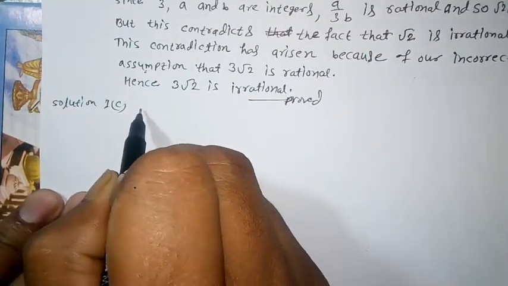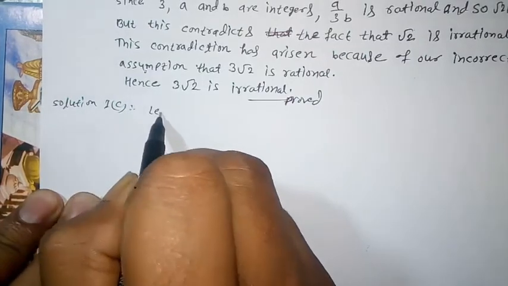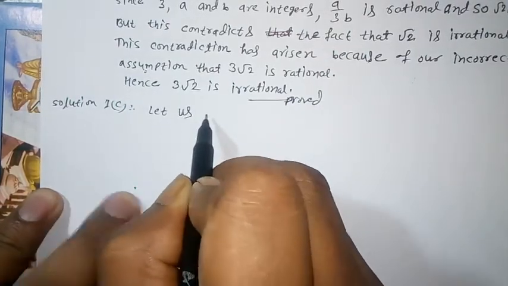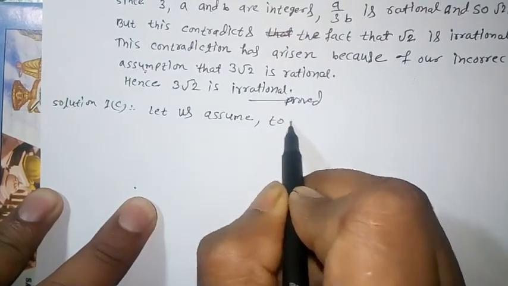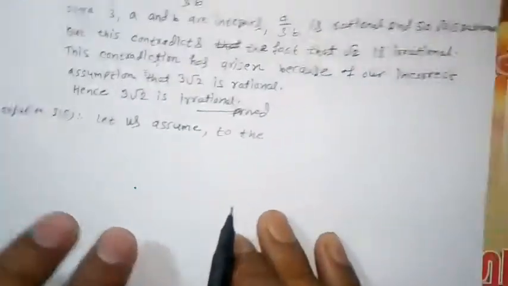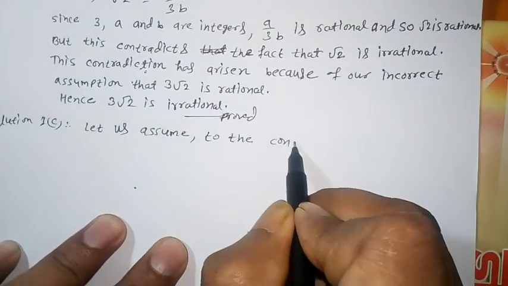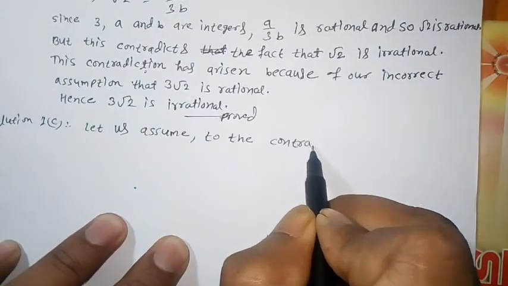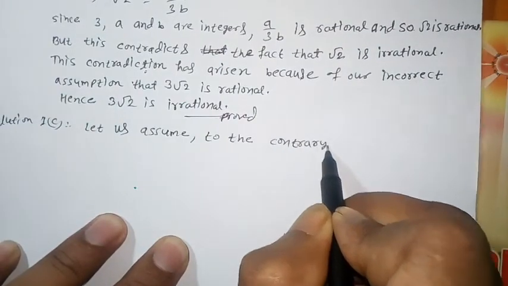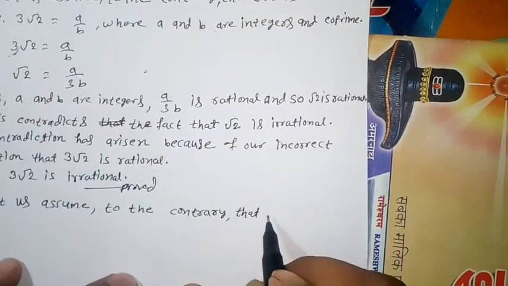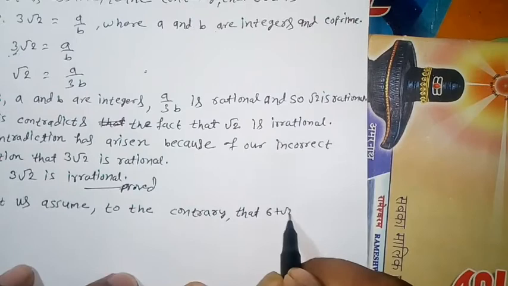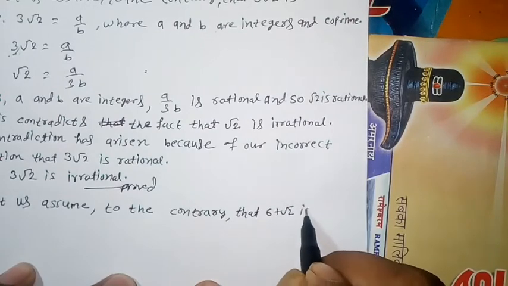Let us assume to the contrary that 6 plus root 2 is rational.